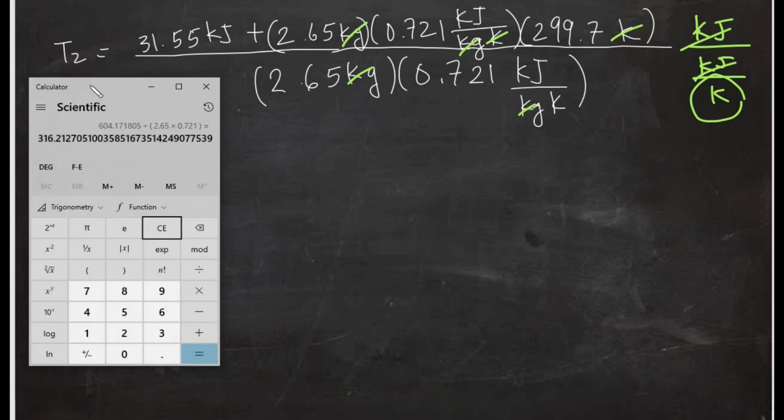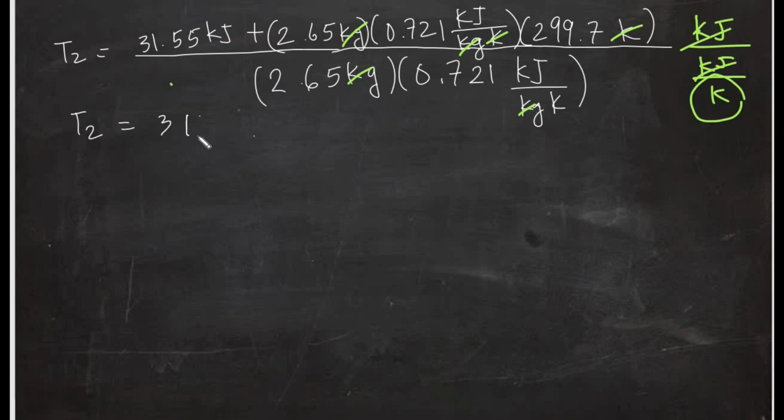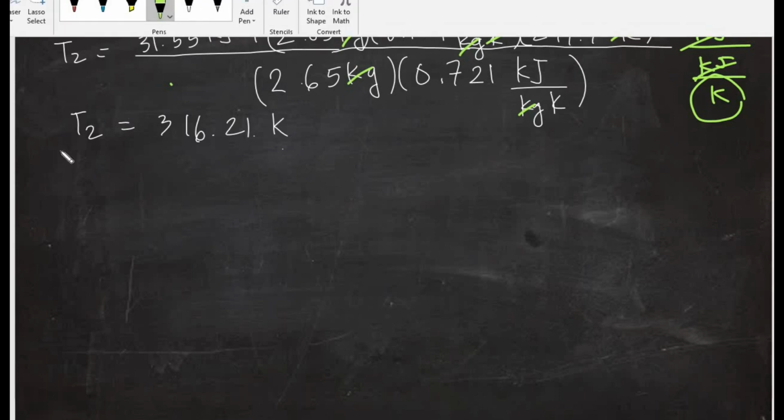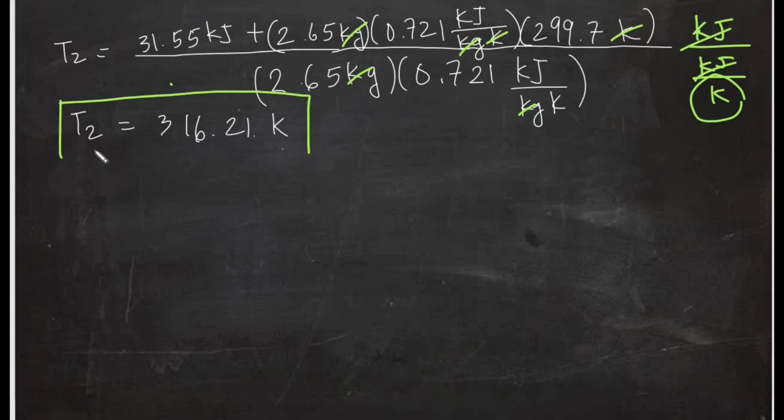Okay? And the answer is 316.21 Kelvin. So let's box that. That is our T sub 2.